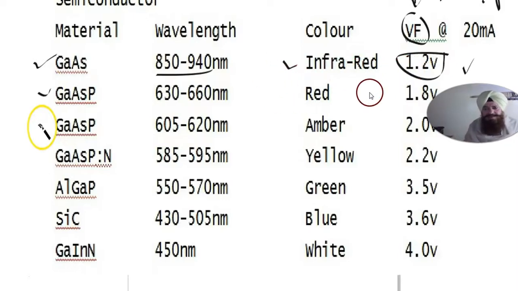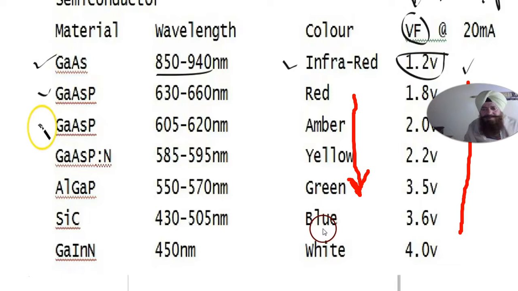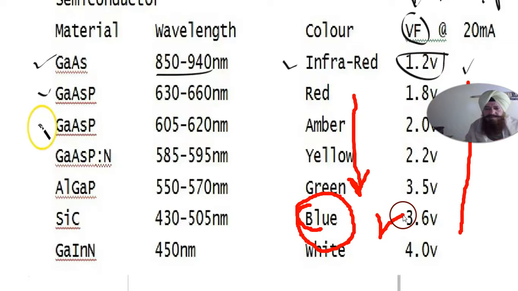For infrared, very little voltage, red 1.8, then going along from top to bottom, the forward voltage is increasing. This implies that if we want a blue color, somewhat more forward voltage is required as compared to the red color, because red has less energy. Red is the longest wave.